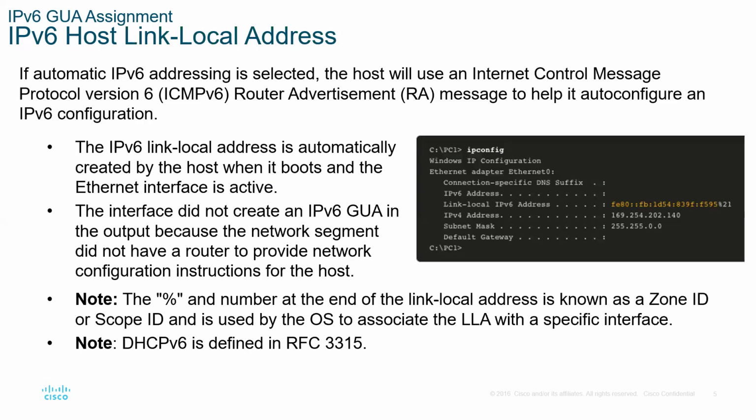If automatic IPv6 address is selected, the host will use the ICMP version 6 RA messages to help it configure an IPv6 configuration.